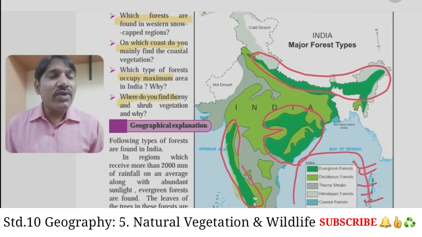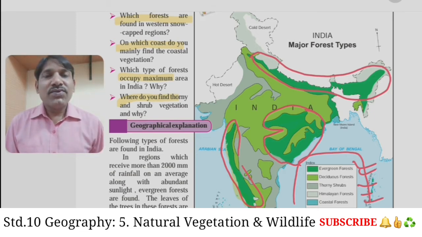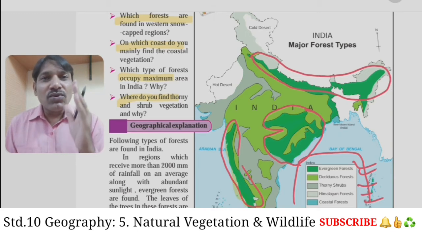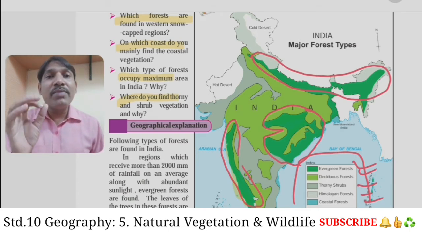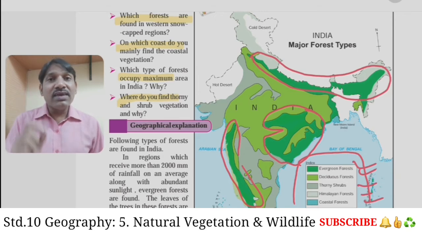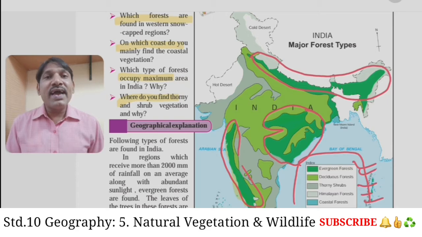Now next we are going to study, students, the region in India where 1000 millimeter to 2000 millimeter rain falls. There we can see the deciduous forest. Students, just now I have told you what you mean by deciduous forest. We have seen that in Brazil deciduous forests can be seen. Here also in India deciduous forests can be seen.